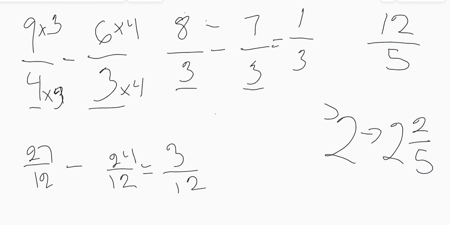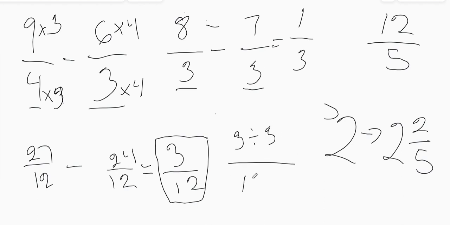Now, this is the interesting part. This can be reduced. So, depending on if you're in a 5th grade class, this would be the answer. But if you're in a 6th or 7th grade class, this can be reduced. Why? Because 3 is an odd number that can be divided by 3. I'm thinking ahead here. 12 is an even number that can also be divided by 3.